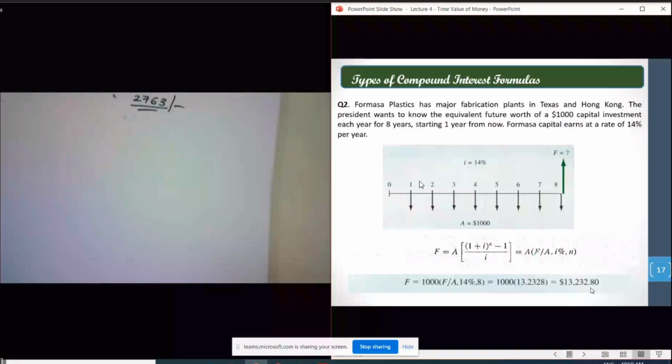The consolidated value of the $1,000 from year 1 to year 8, at the end of 8 years, would be $13,232.80. So this is the consolidated future sum. The president will get this amount after 8 years, provided the interest rate is 14%.